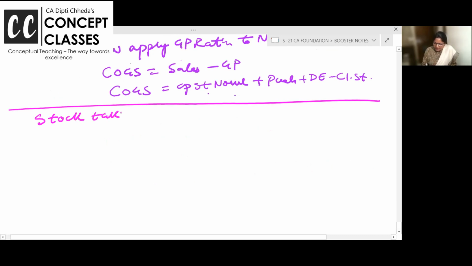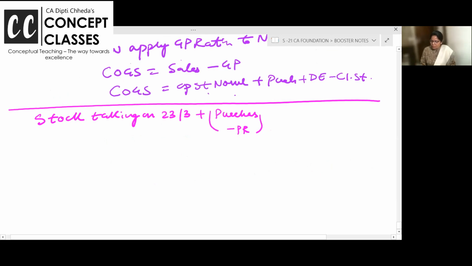Stock taking on 23rd March. ऐसे ही लिखो booster notes में date के साथ. If stock taking is on 23rd March, add purchases minus the purchase return.